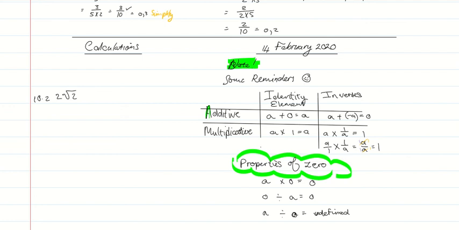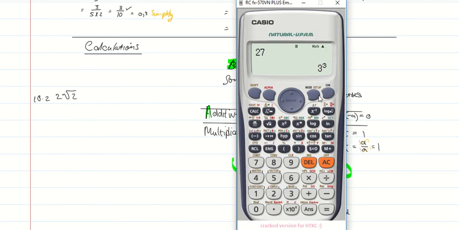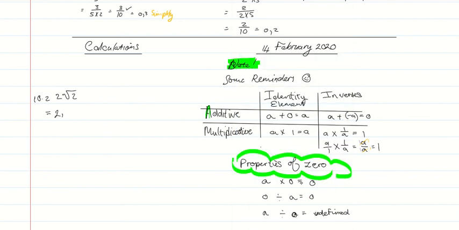If I type this into my calculator, 2 times square root 2, take note of how I'm typing this, is equal to that, and my answer will be 2.8. What I would do is write it out in this value, 2.8284, and then I continue with my dots.